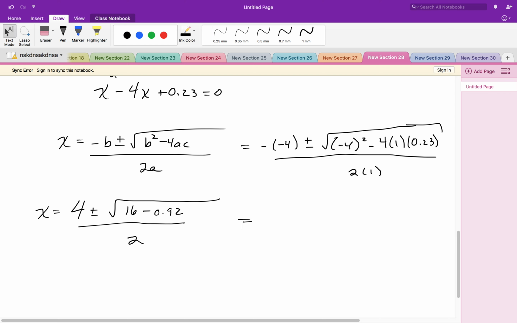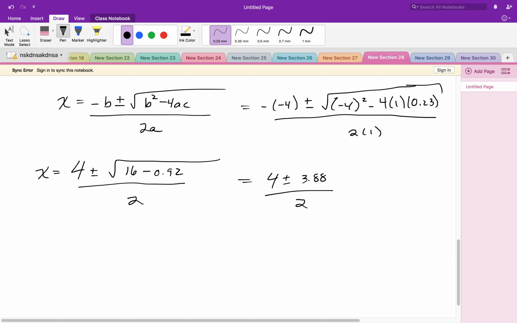I'll do this part first: 16 minus 0.92, and then take the square root of that. It's going to be pretty close to 4, 3.88. So it's 4 plus or minus 3.88 divided by 2. And then we have two options here: we can take the plus option or the minus option.